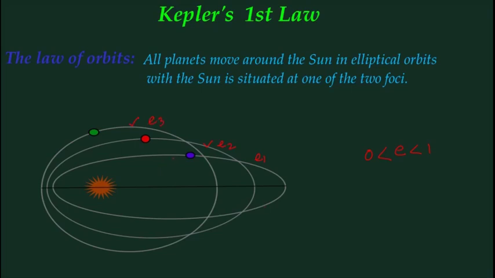We can see that this ellipse is more squeezed than this one, so E1 is greater than E2, and this ellipse is more squeezed than this one, so E2 is greater than E3. We will talk in more detail about ellipses when we do some examples.